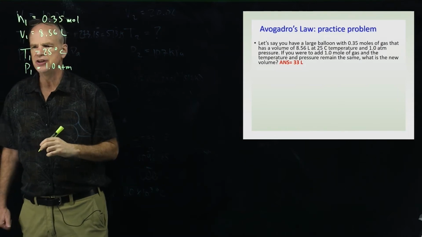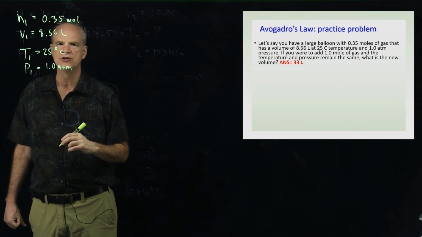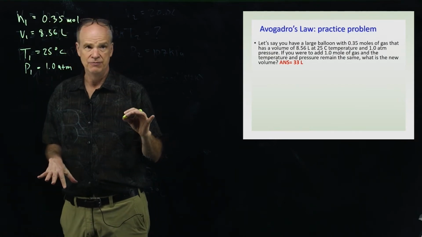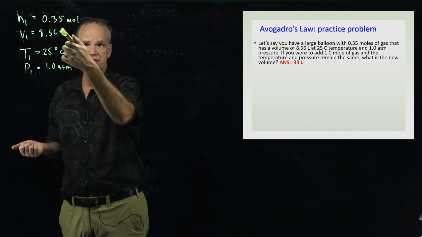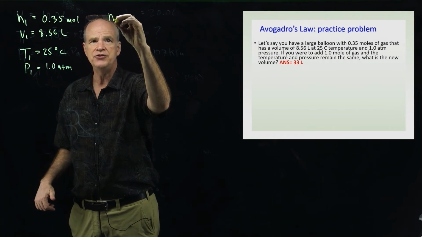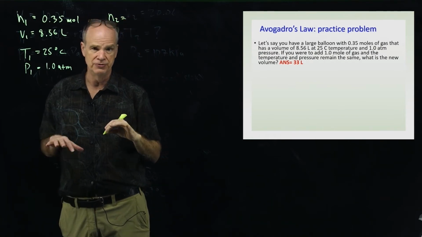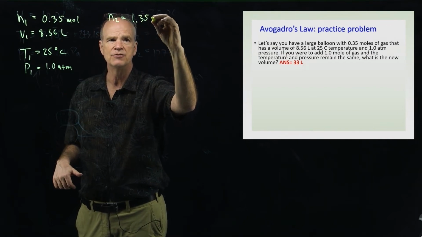Okay, this says, if you were to add 1 mole of gas and the temperature and the pressure remain the same, what is the new volume? So we have new conditions where we're adding a mole to the gas that we already have 0.35 moles of. So n2, after you add that mole to the original number of moles, should be 1.35 moles of gas.